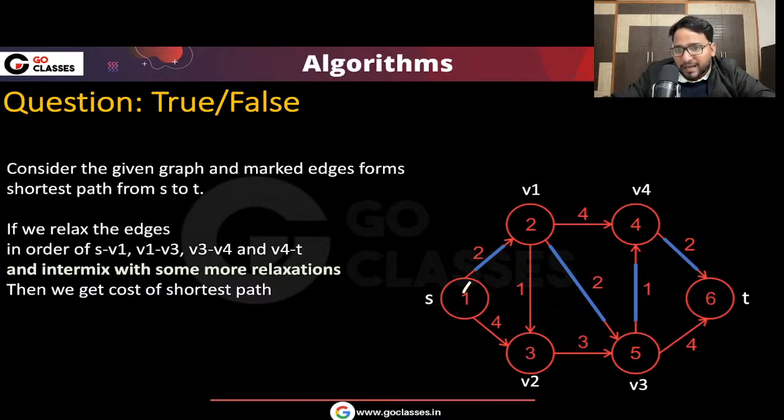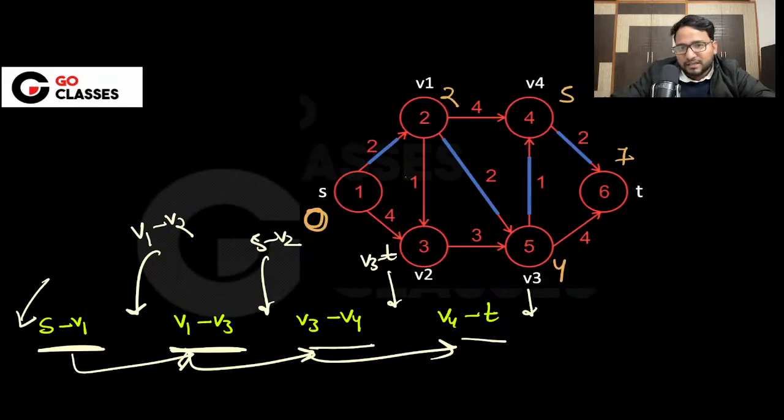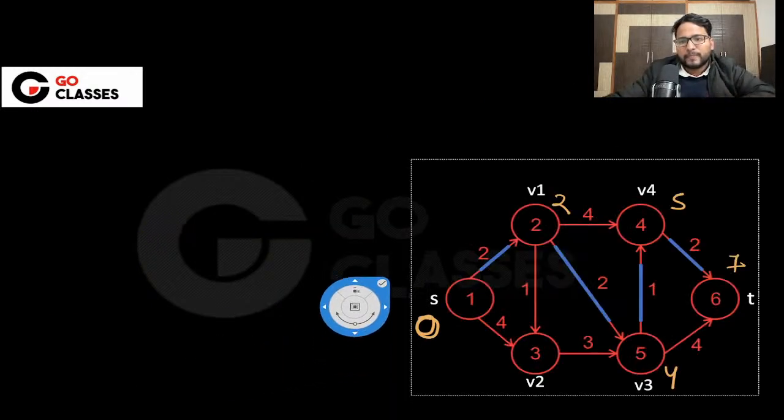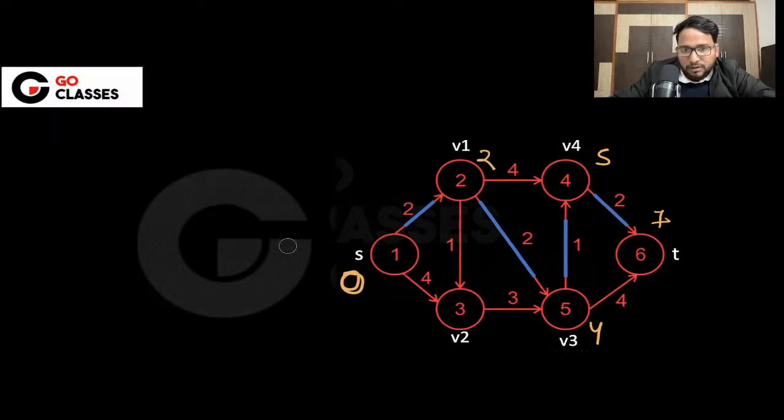See, maybe you can relax basically anything before that also. Let's suppose you relax in this order only, but you intermix some more relaxations. Whatever relaxation you can think of, you can intermix that, right?